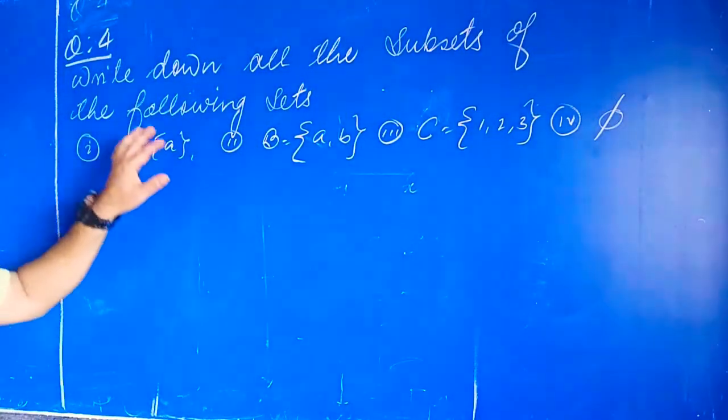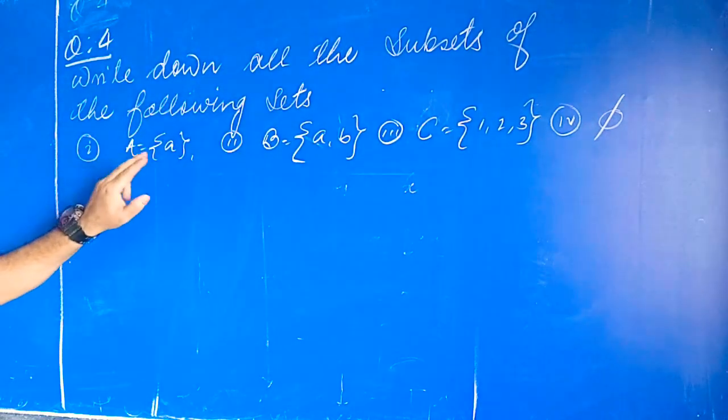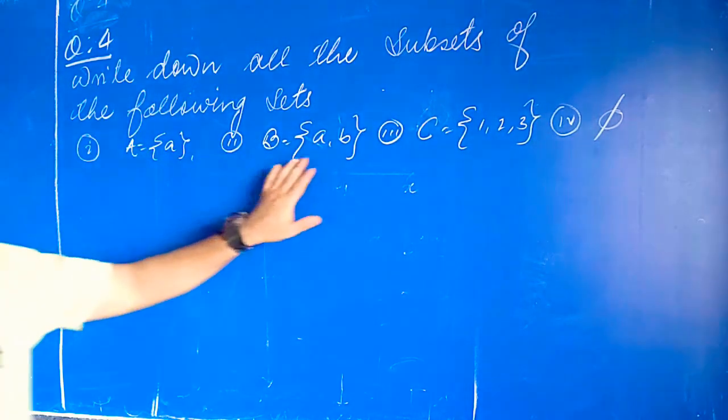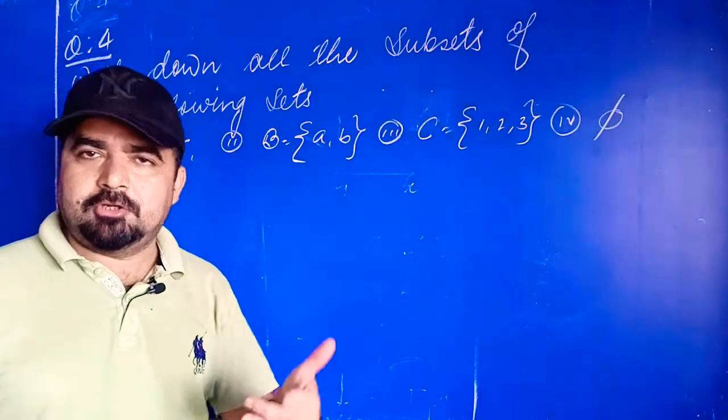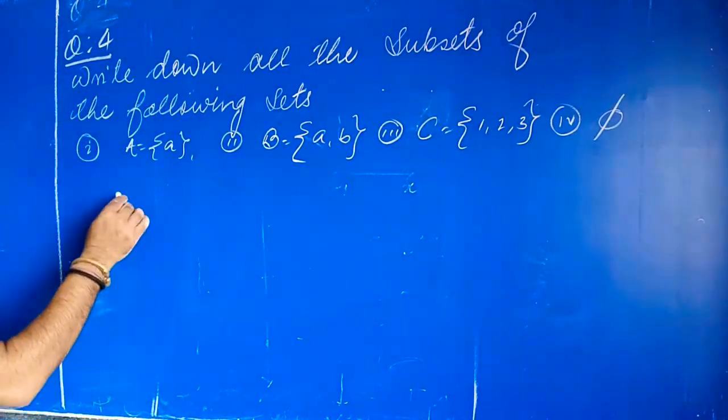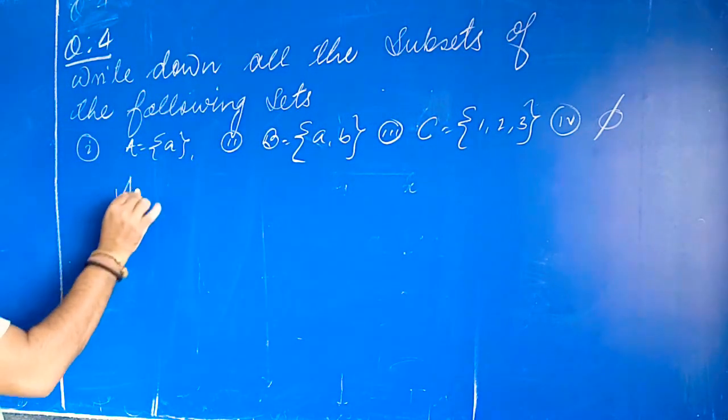So we need to write down all the subsets of these given sets one by one. Alright? Fine. The first one. So let us go to the answer now.